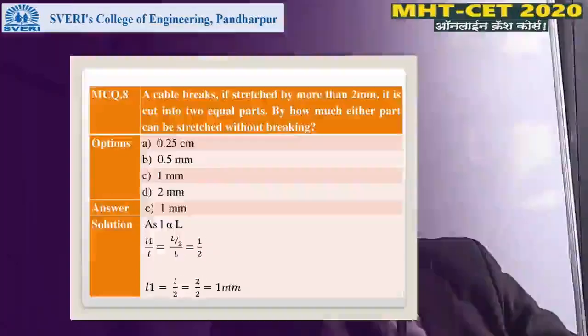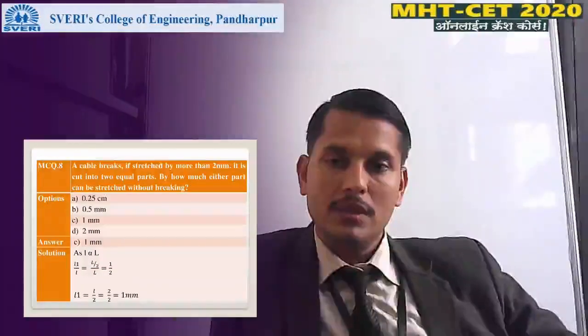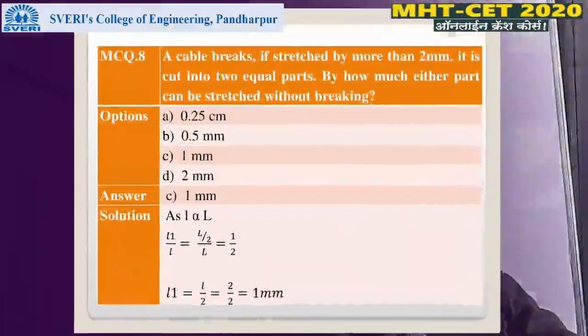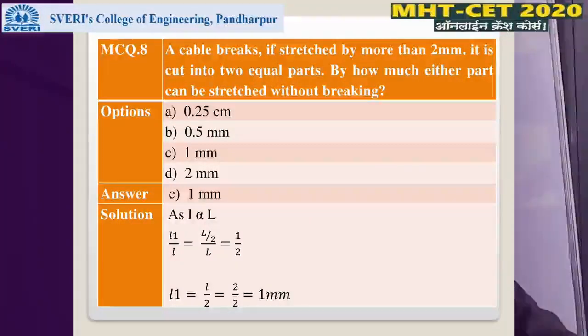So for that we have to consider the basic concept that l is directly proportional to L, means the change in length is directly proportional to the original length. So we are considering here l1 upon l, which is equal to L by 2 upon L, which is equal to 1/2.